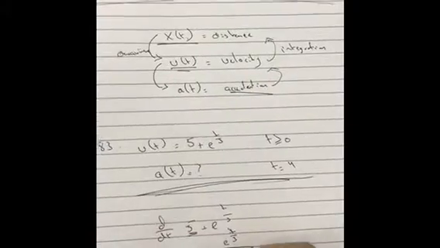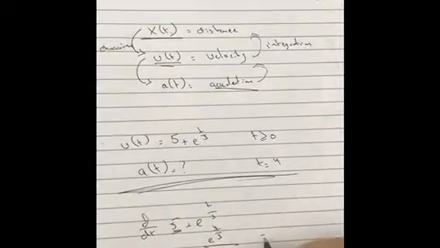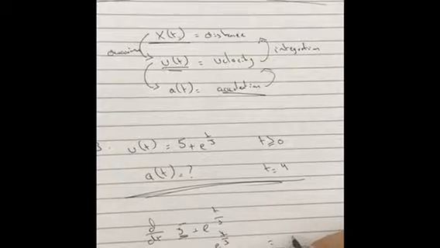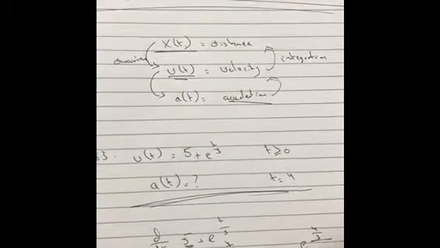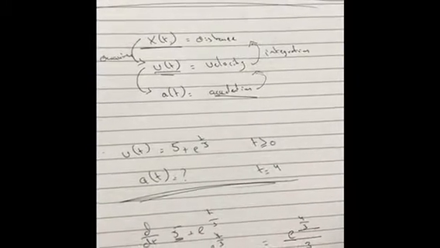Now we substitute t equal to 4, so it will be e to the 4 over 3, over 3. If we calculate, the answer will be 1.265, and from the choices it is C. And we will solve now another question.